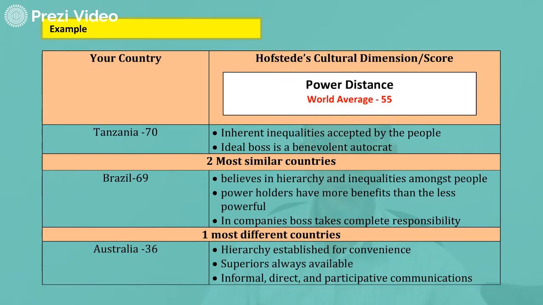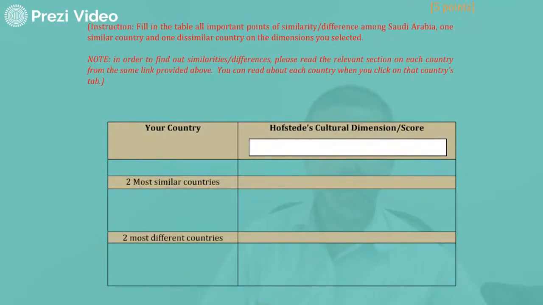You will get this information when you click on the same country in the Hofstede link provided. In order to find the similarities and differences, please read the relevant section on each country from the same link. You can read about each country when you click on that country's tab.